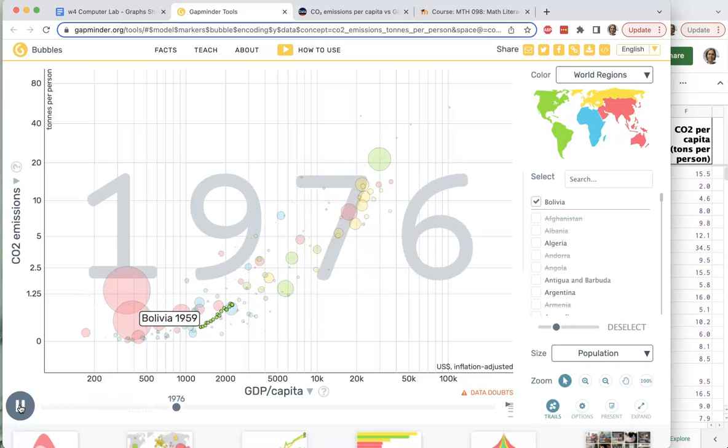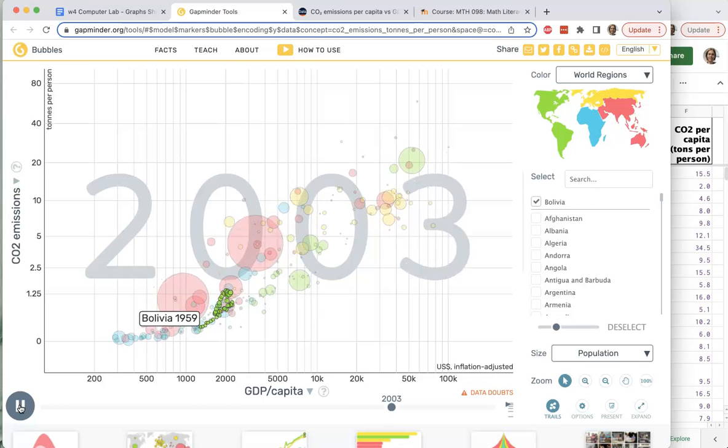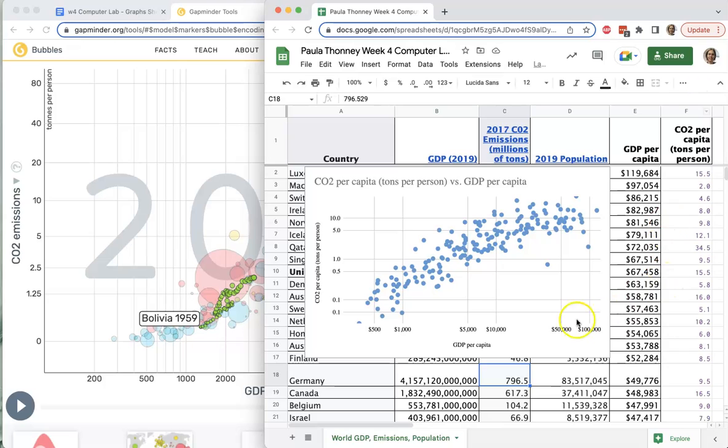And I'm not sure why Bolivia drops off there, because it looks like the data stops. Oh no, that's where we are in 2017. Okay. So they're still well below the global average in terms of their CO2 emissions. And this is saying 1.96 is their tons per person. Let's see what we had in here for Bolivia.